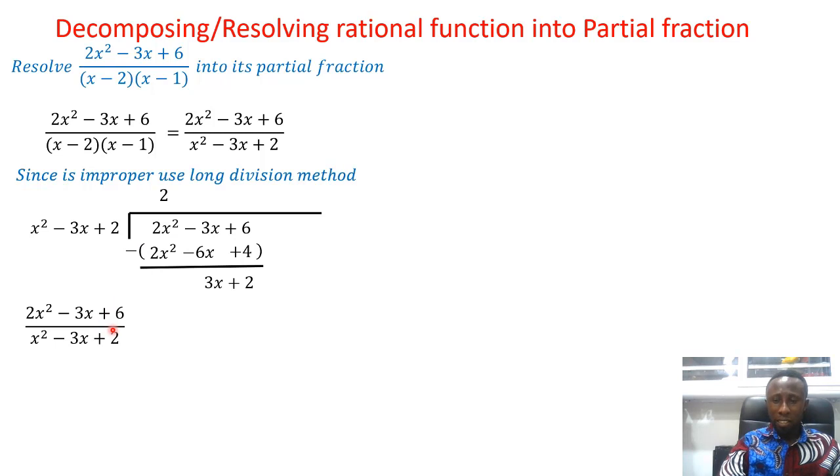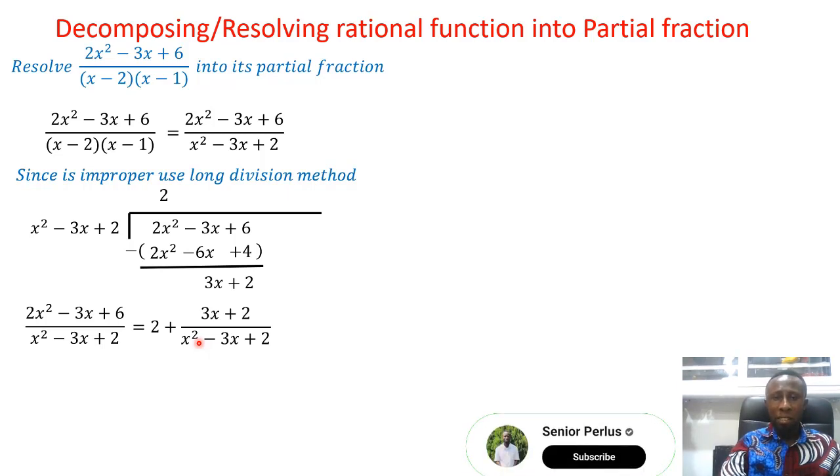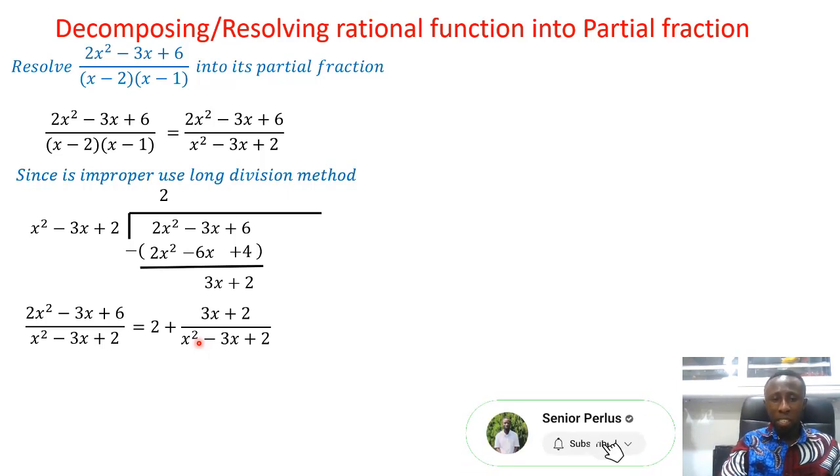So this is the same as this, right? Therefore, we can resolve this into partial fractions. We are going to resolve 3s plus 2 out of s squared minus 3s plus 2 into partial fractions. Then the answer that we get, we attach the 2 to it. Simple as that.